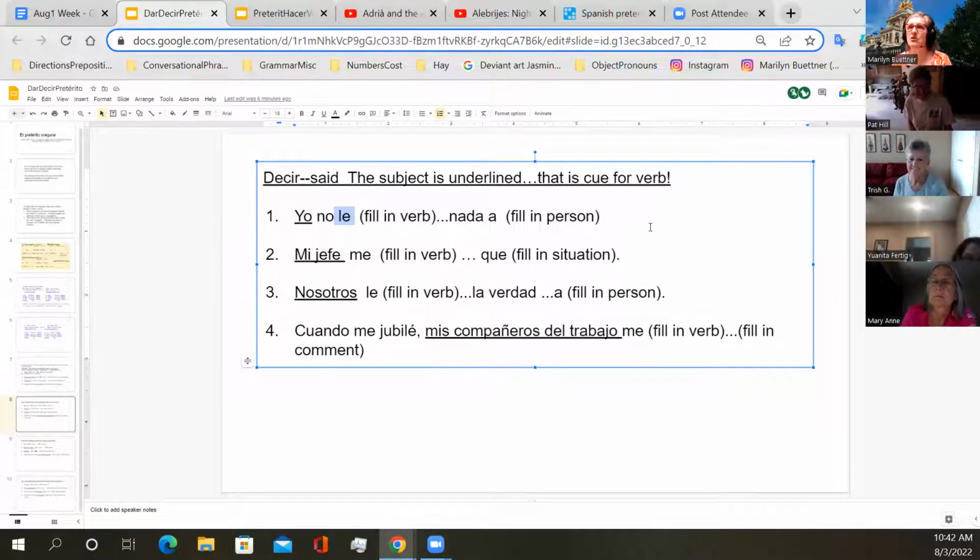Cuando me enoja, when he makes me mad. I'm gonna fill that in. Cuando me enoja, when he made me mad. Enojar or enoja? Just enojar. Okay. Cuando me enojó, when he made me mad, he angered me.